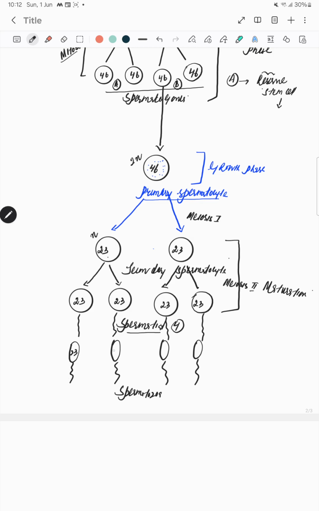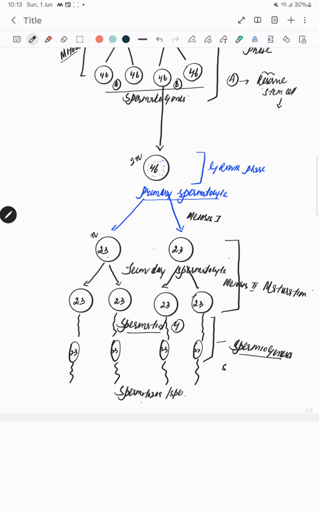Now we can say this is the mature spermatozoa. Whenever there is formation of mature spermatozoa, this is known as spermiogenesis, or simply we can say the process of conversion of this spermatid into spermatozoa or sperm is known as spermiogenesis.